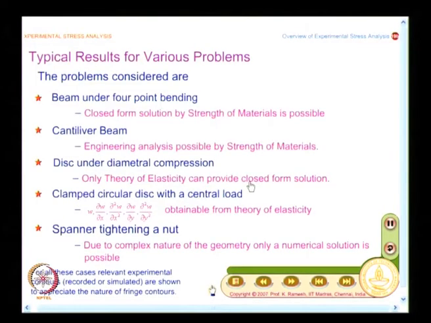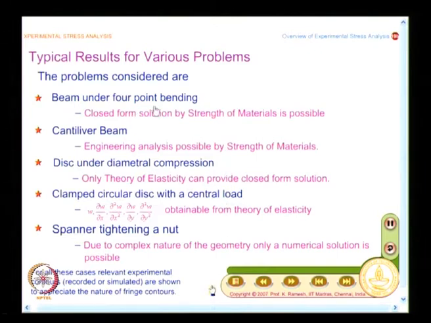The problems considered are beam under 4-point bending, cantilever beam, disc under diametrical compression, clamped circular disc with a central load, and finally spanner tightening a nut. So, this is based on increasing degree of complexity.